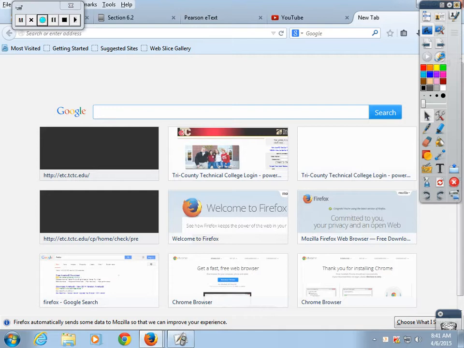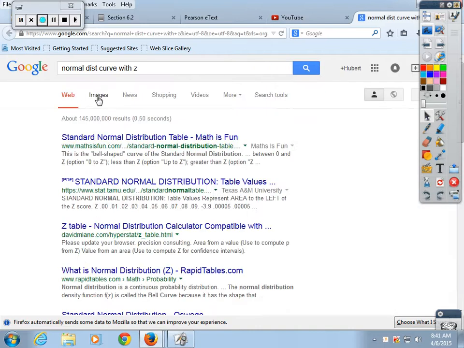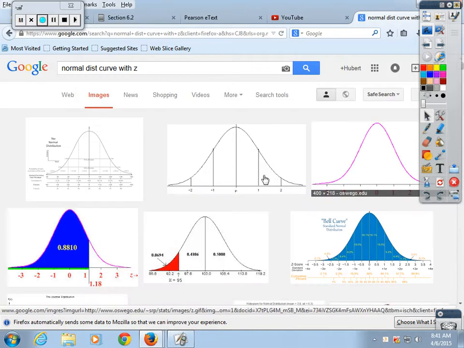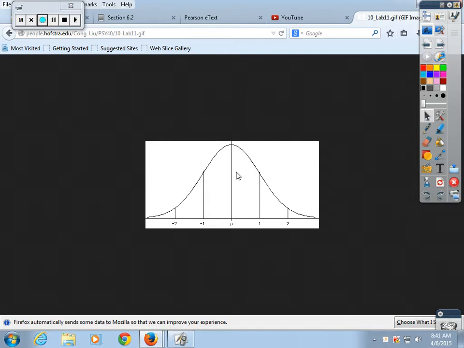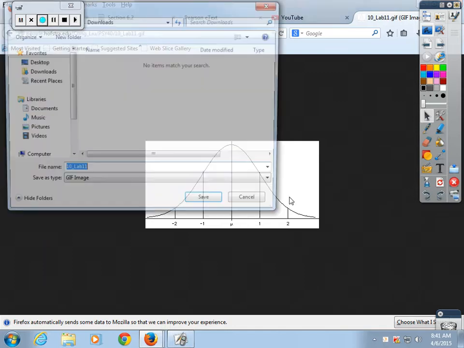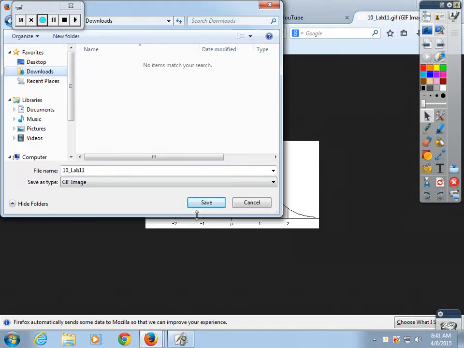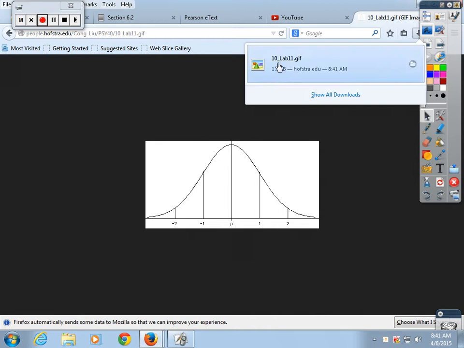Pull up normal distribution curve with z-scores, and hit images. There it is. And you can take that right there and you can save that as whatever. I think I saved it as downloaded.